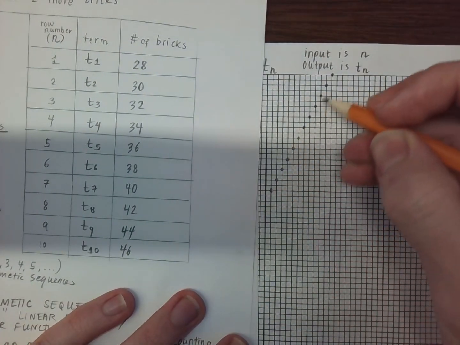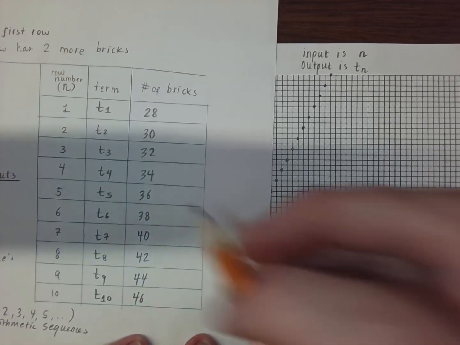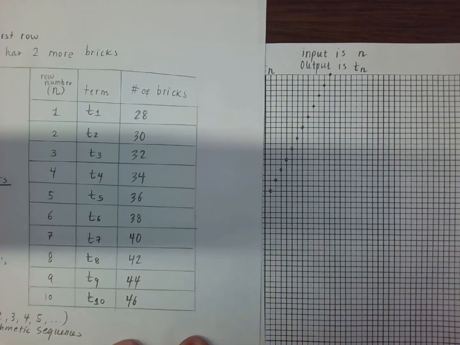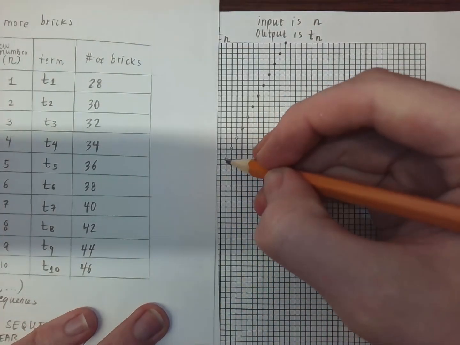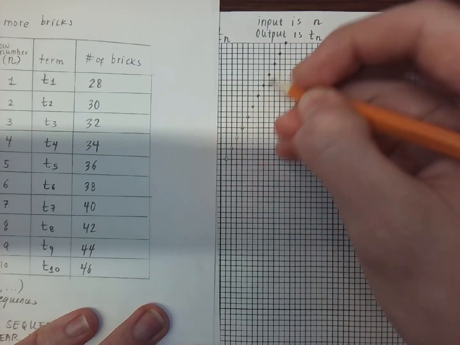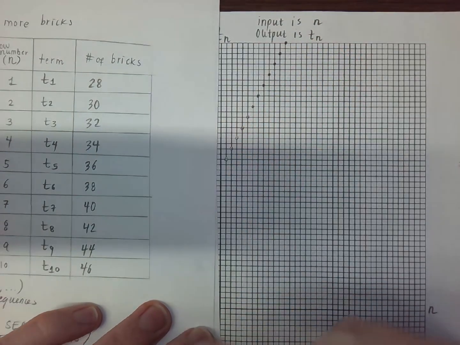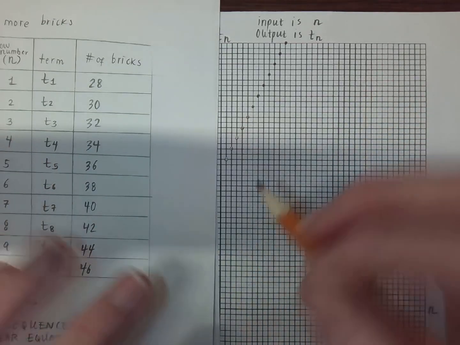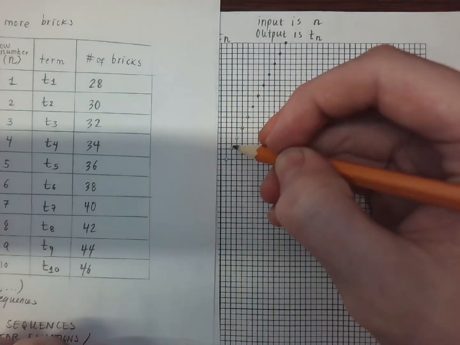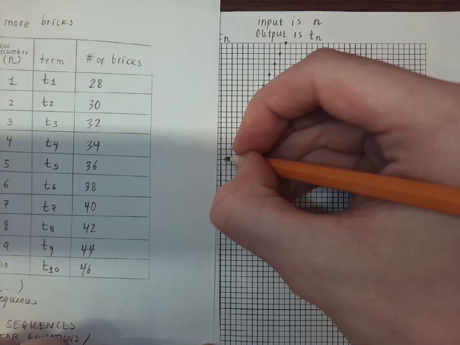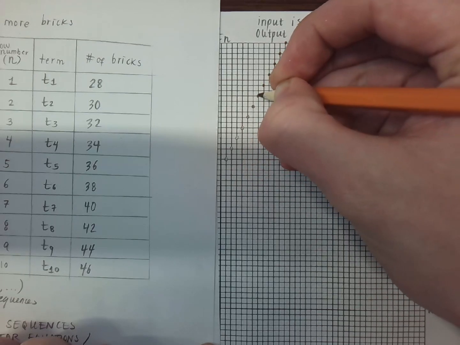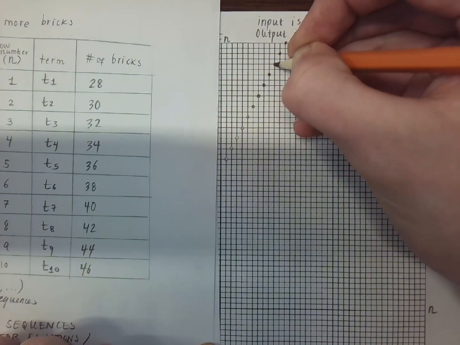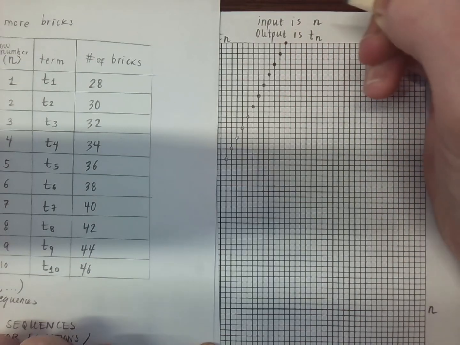I shouldn't connect this because my arithmetic sequence is only defined when n equals a natural number, not these in-between decimal numbers. Like 2.5, it's not defined at 2.5. So that's why I should just leave it as these dots, which are not connected, if I was visualizing the arithmetic sequence this way.